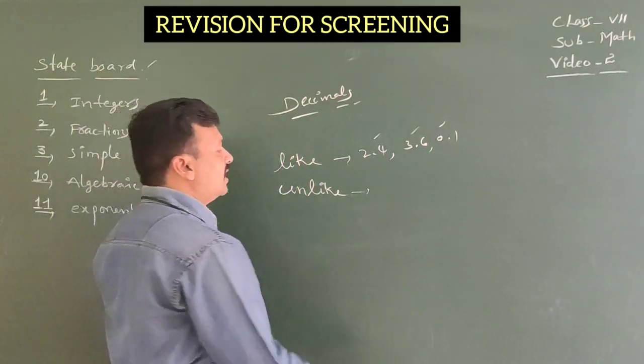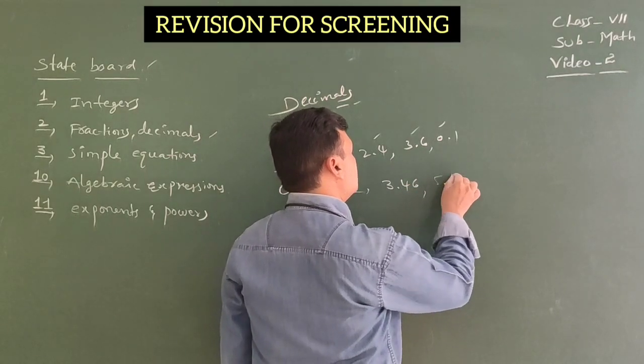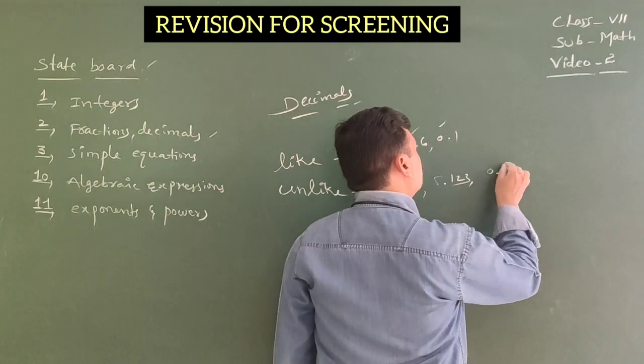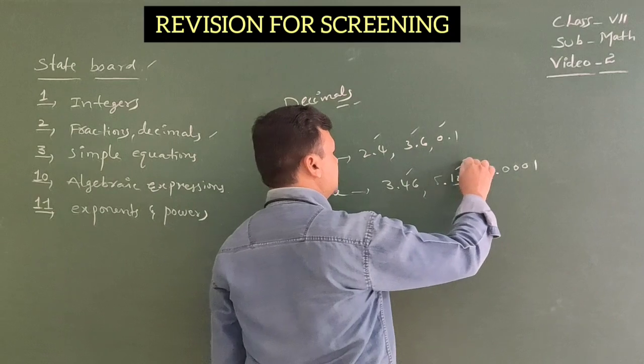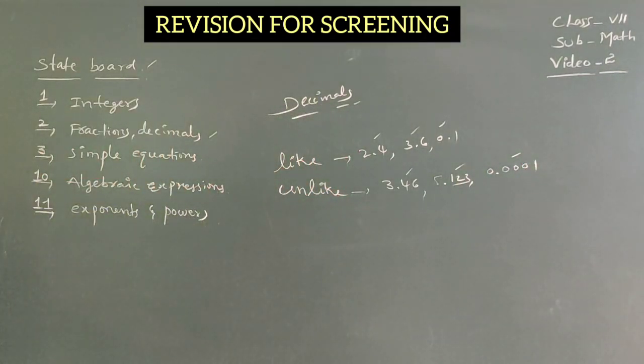If they have different numbers of decimal places, like 3.46, 5.123 and 0.0001, here 2 decimal places, 3 decimal places, and 4 decimal places are given. That's why they are called unlike decimals.